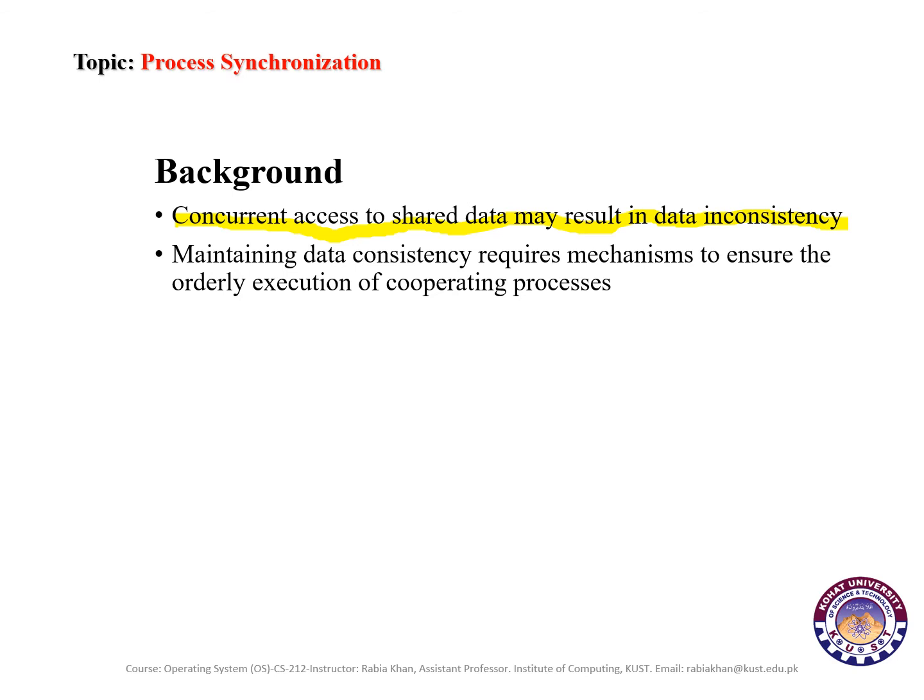As we just said, function A updates the value of the global variable, so function B should get this updated value. But due to the simultaneous access, both functions receive the same value, and hence the output for function B goes inconsistent.